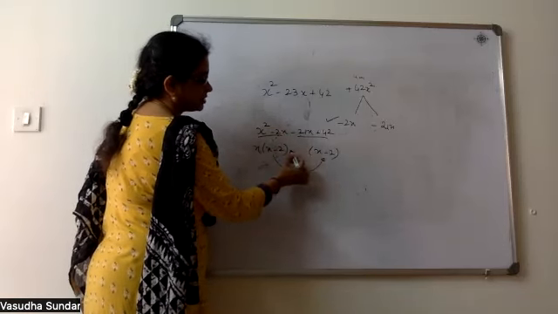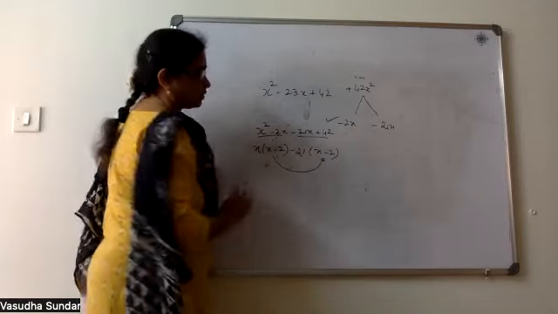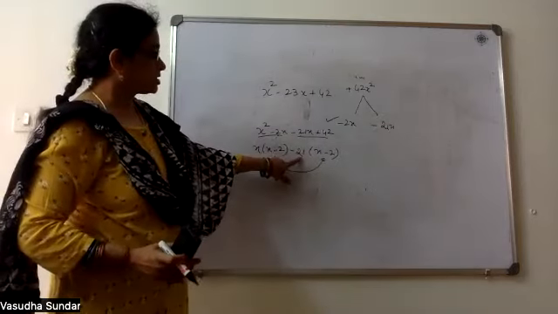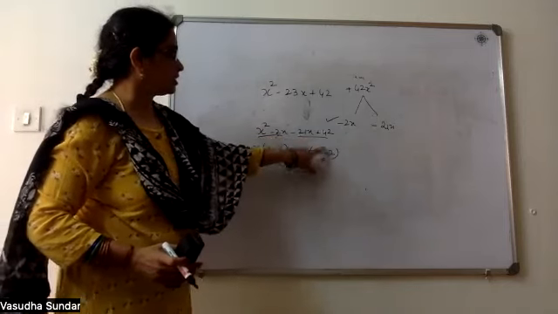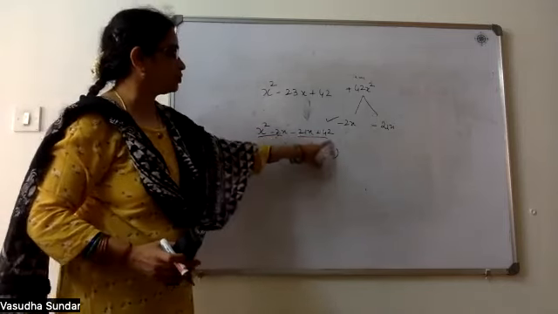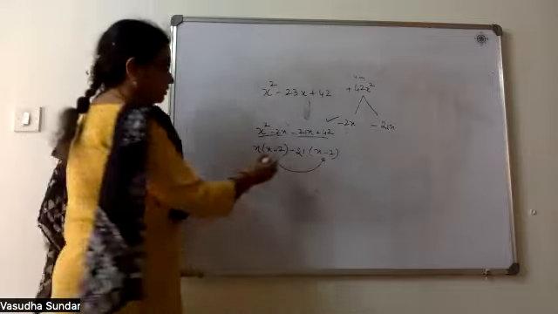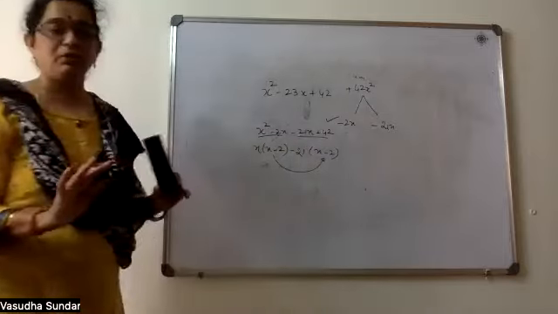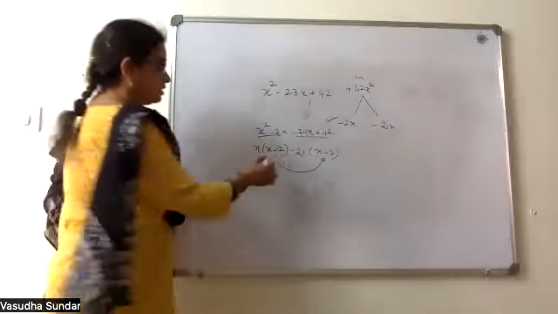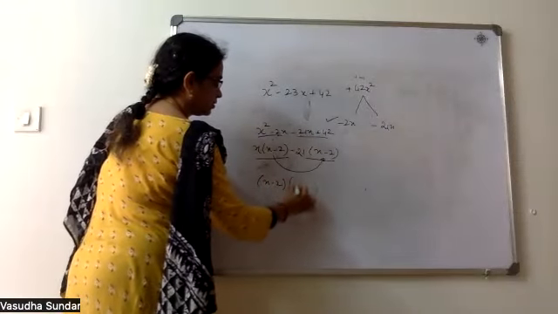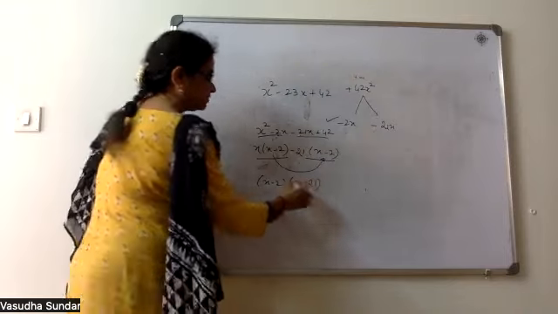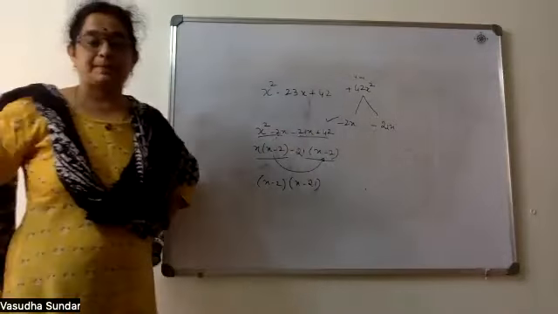I have an x here, so I put minus 21 out. Now let me check. Minus 21 into x is minus 21x. Minus into minus is plus, 21 into 2 is 42. Now, is it factorized? No, because I have a minus here. So I will take x minus 2 out: x minus 2 into x minus 21. Clear?